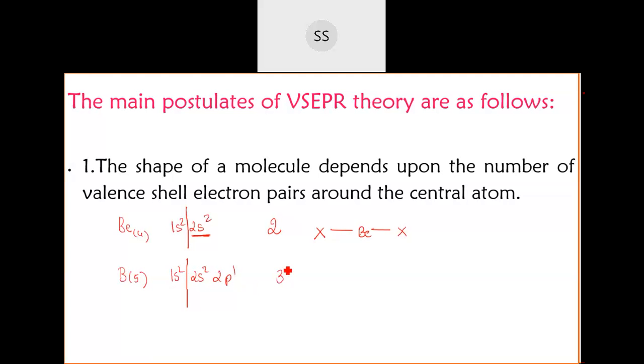So if I take boron in the center, 3 bonds can be formed, with X, X, and X, whichever element they combine with. Here you see the shape changes. The shape totally depends on how many electrons are present in the outermost shell. So that was the first postulate.